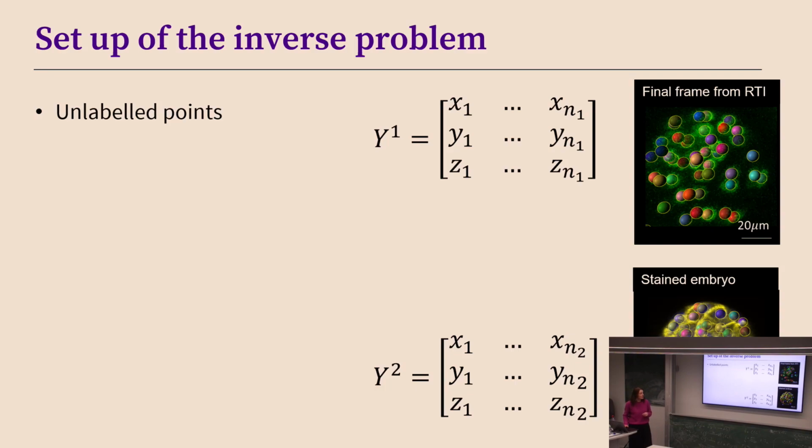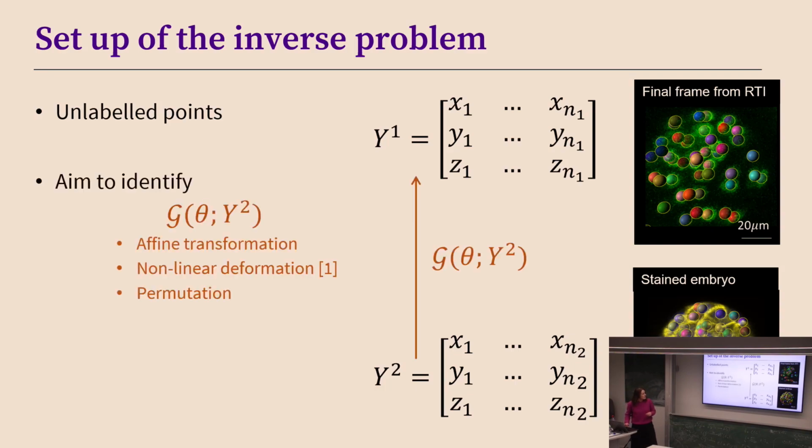So there are a couple of points here. We want to be able to say this cell in the second image corresponds to this cell in the first image. The point sets may not be the same length, so you'll notice I've got N1 and N2. It could be due to cell death or cell division, or because we didn't segment the image particularly well.